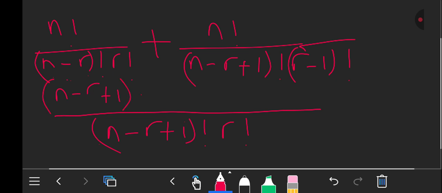Then we multiply this by n factorial, then plus, we come to this side, n minus r plus 1 factorial into this. This will cancel out. So what we are dividing is simply r minus 1 into r factorial, which is just r, without the factorial. So that's the meaning in simpler terms.